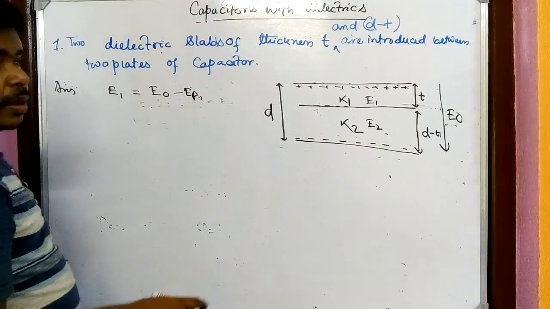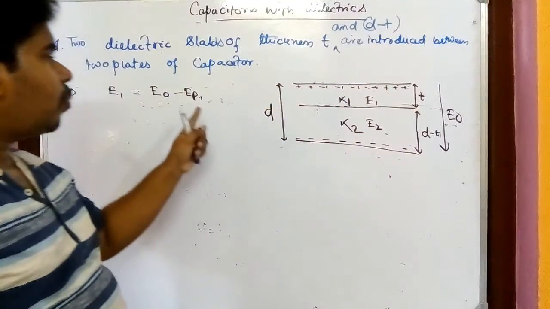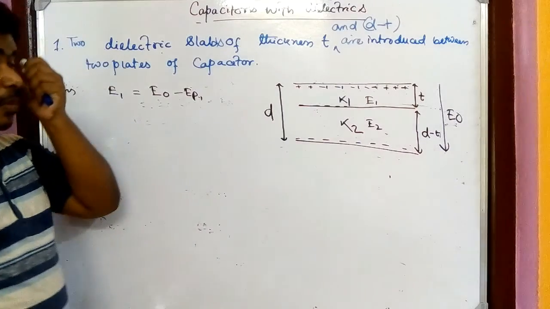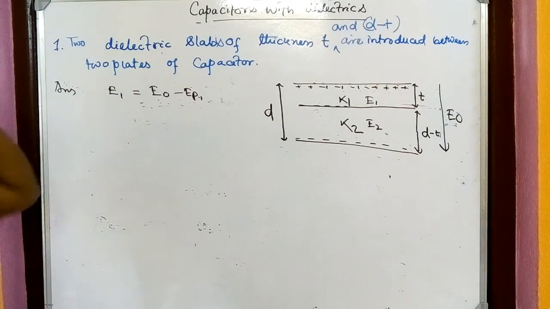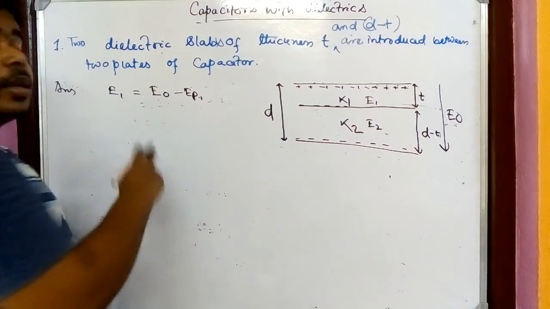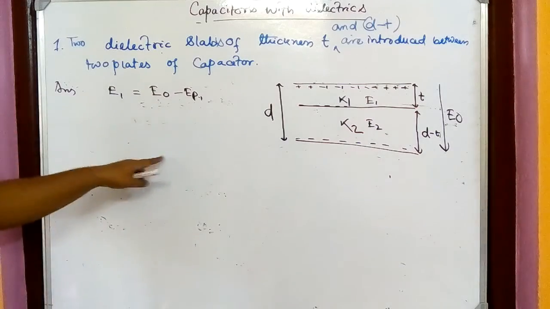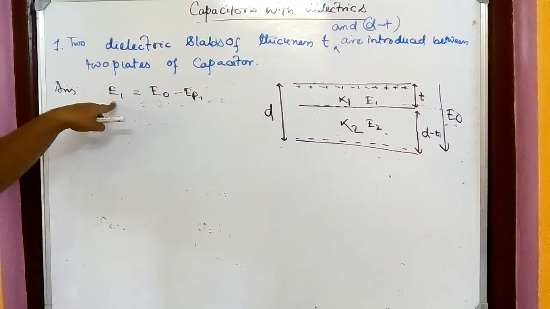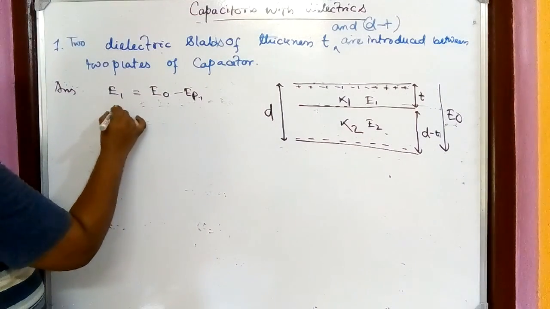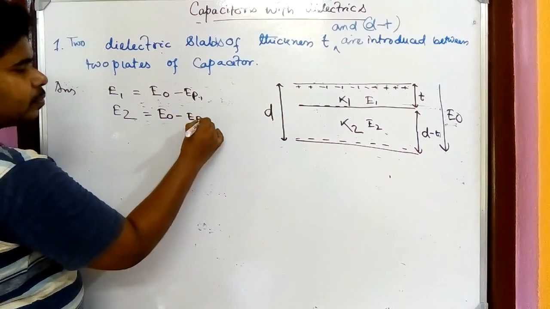EP1 means for the first slab, the polarized electric field. I have seen earlier that due to the presence of external electric field, the dielectric slabs will be polarized, and the polarized electric field will be opposite to the external electric field. So that's why we have minus here, and the resultant electric field is E1. And E2 is E naught minus EP2.